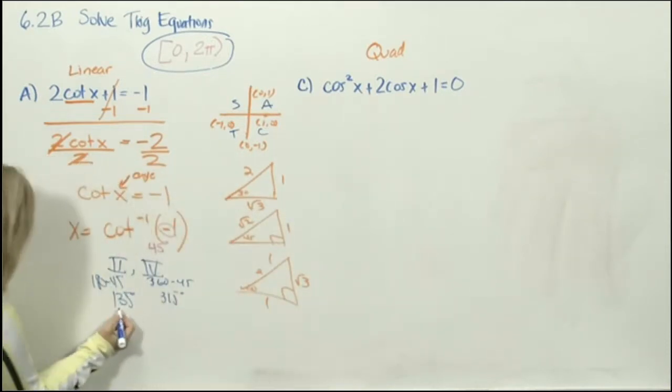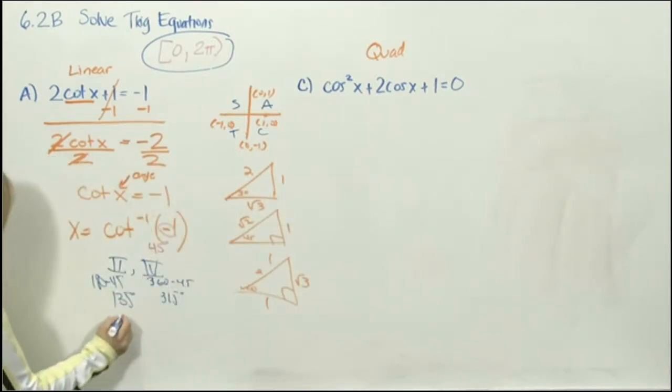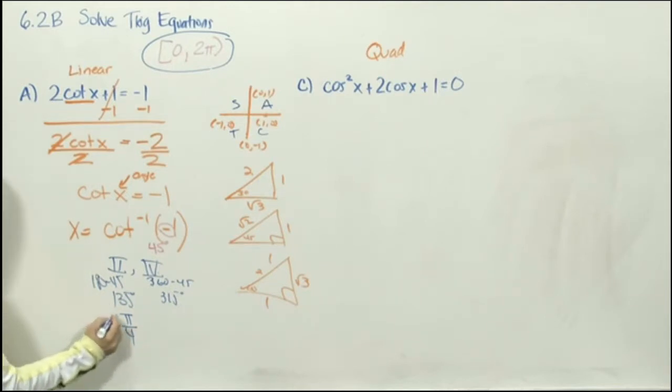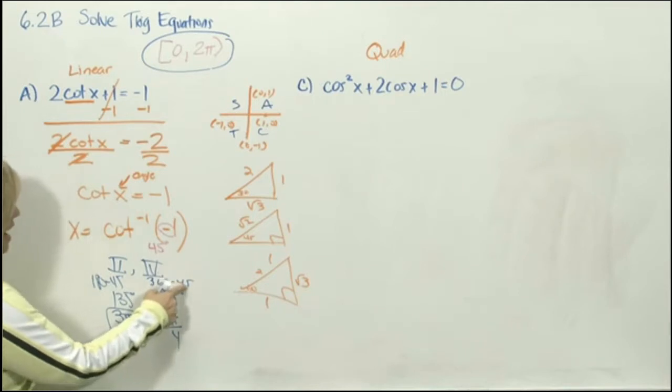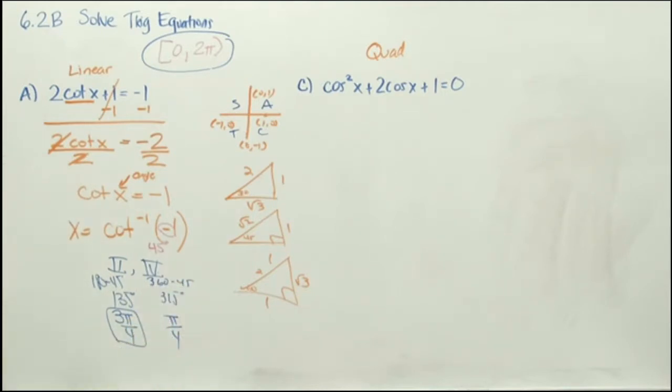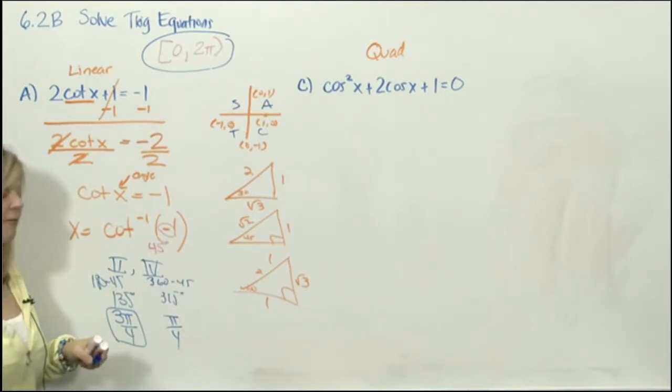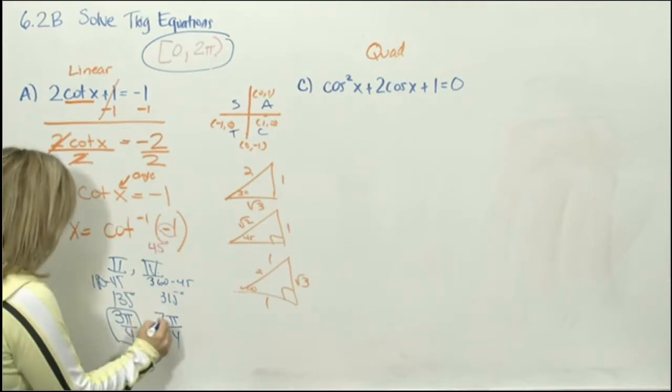So we know how to do this quickly. 45 degrees was our reference angle. That's pi over 4. How many 45s make 135? 3. So your first answer for this equation is 3 pi over 4. 315 was made from 45, so 45 is pi over 4. How many times do you add 45 to make 315? 7.